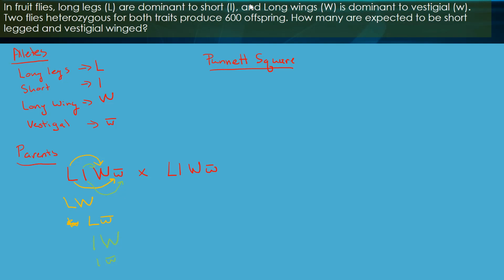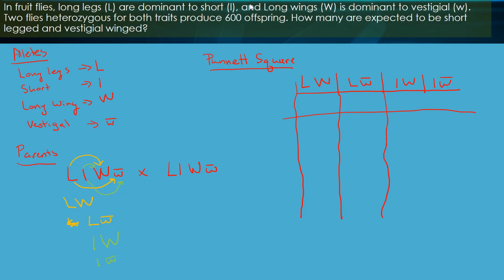Let's continue then. Put these on the top. We use this line here to help show us what is little w versus capital W. Okay, same for potential gametes.